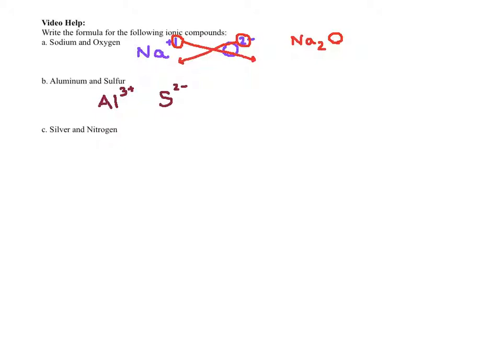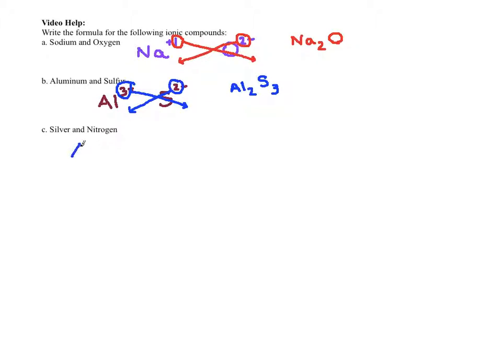Alright, now we got to cross our charges again. So the 3 is going to become the subscript for the S. The 2, not the 2-, just the 2, is going to be the subscript for the Al. And so what you end up with is Al2S3.